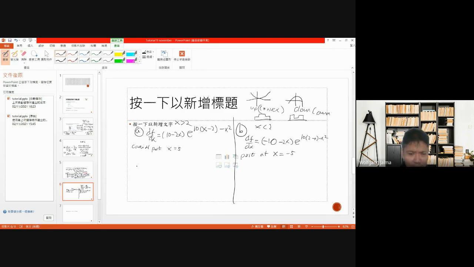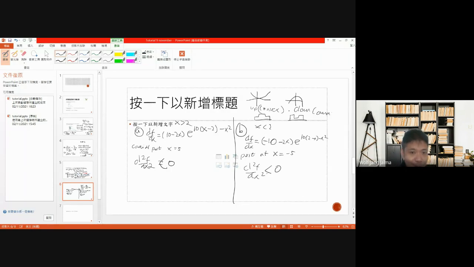Now, to simplify the problem, later we will show that basically, you can check by yourself, but I don't have time, sorry, the second derivative of both will be negative, so both of these functions are concave downward.